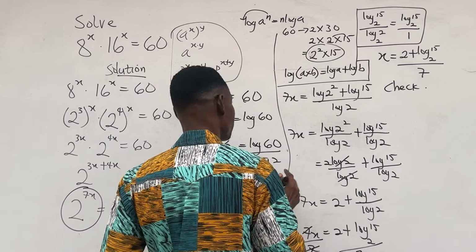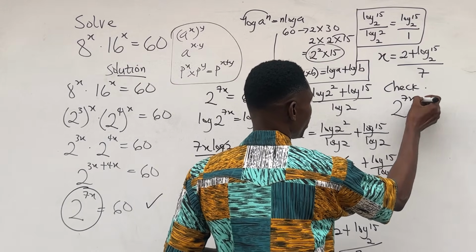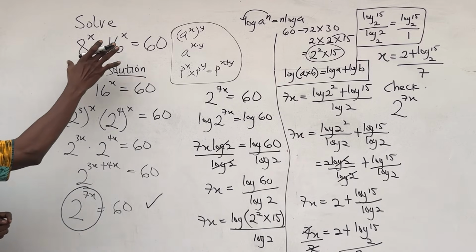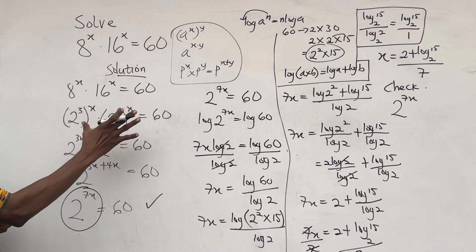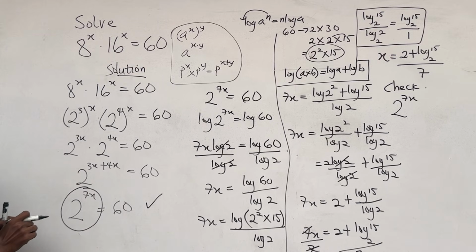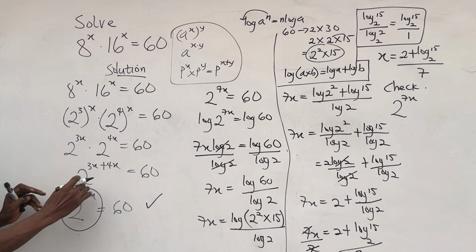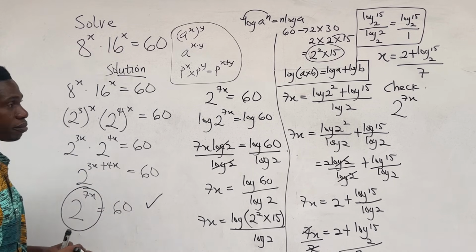So what we have is 2 raised to the power 7x. We simplified this using basic indices laws to get this. So we want to see if our x is correct if we place it as this x here. So let's see if this value will give us 60.